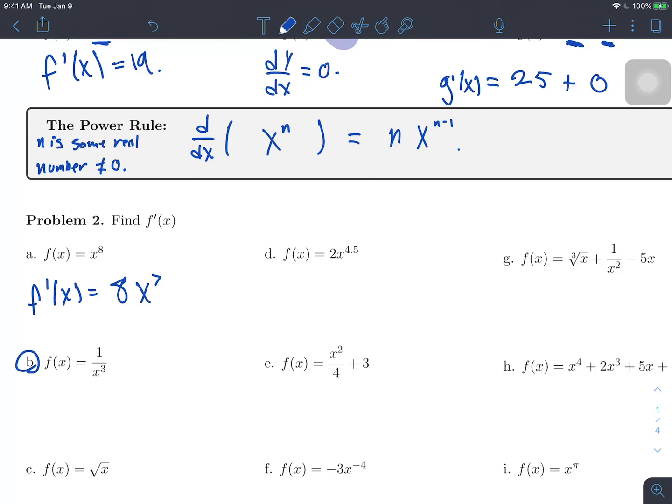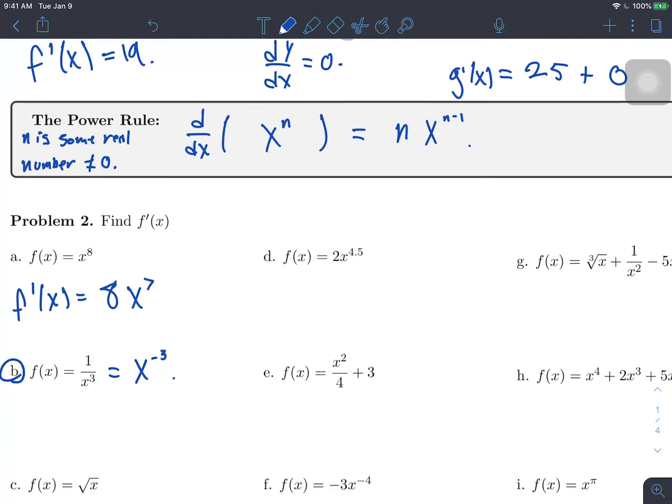The only thing that I have said is that if we have x to some power, I can do the derivative of x to some power. So, before I started on this thing, I need to write this as x to some power. What should my power be? Exactly, -3. I have to write it this way because my rule says the derivative of x to the power n will follow this form.